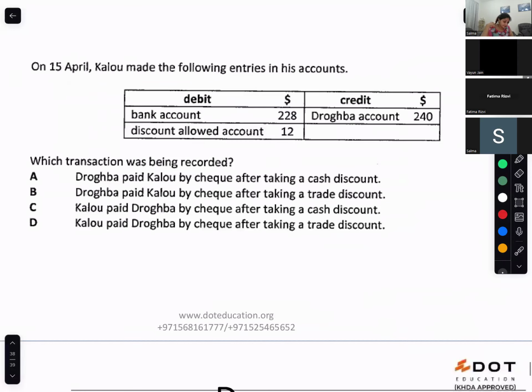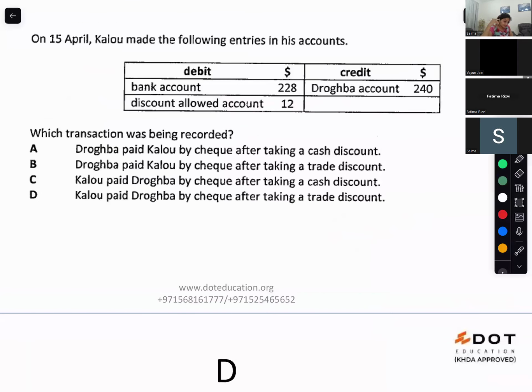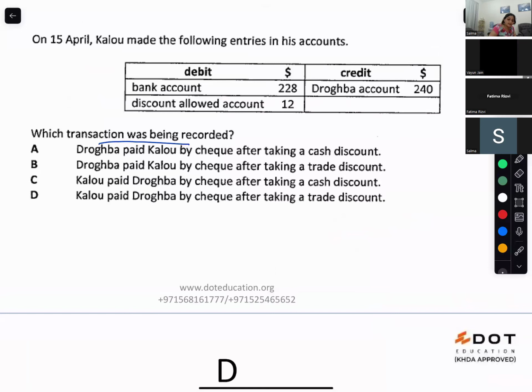Fatima, okay. So they're asking which transaction is to be recorded. Can you read? Bank is debit, that means money is coming into the bank.